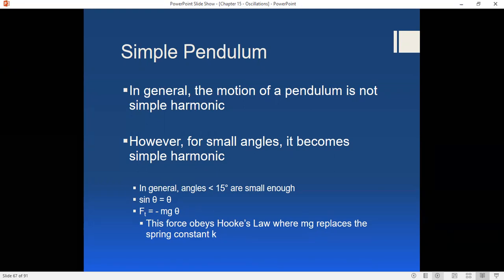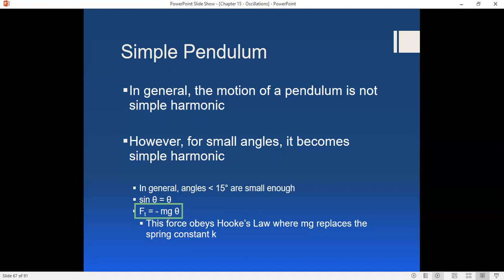Now, let's take a look at the actual force on a pendulum, okay? This is Ft, the transverse force acting on the bob, which is swinging back and forth. And here it says the transverse force is going to be equal to negative mg times theta. Now, there's no force along the length of the string because tension pulls up and it pulls against whatever force gravity pulls down. In order to get this to obey Hooke's law, we've got to sort of change this.